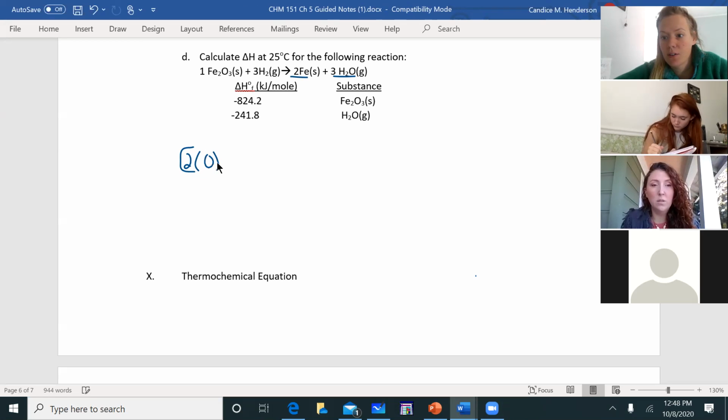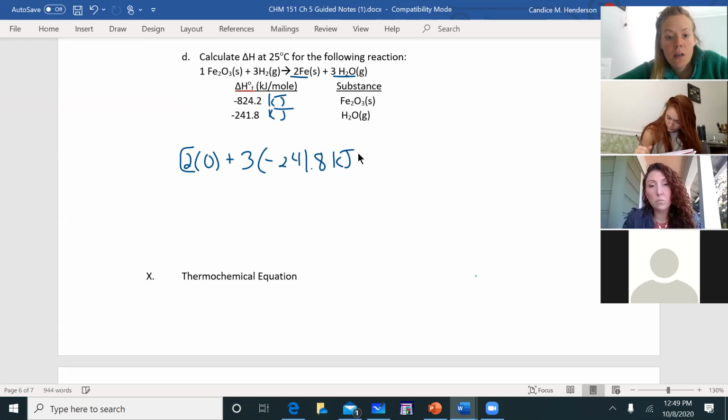I can assume that it's 0 kilojoules. I'm going to add that to the water, which is 3. And we can see water's formation is negative 241.8 kilojoules. Okay. This is our product side.